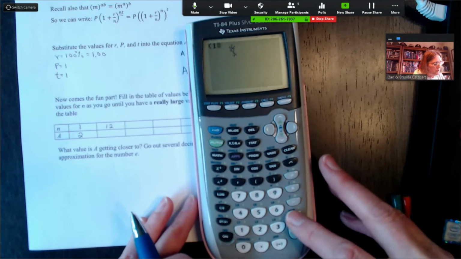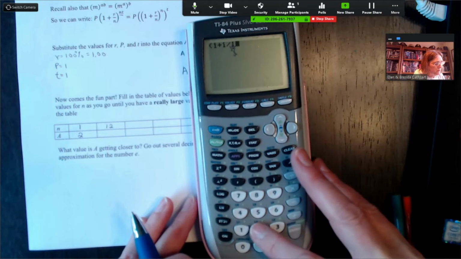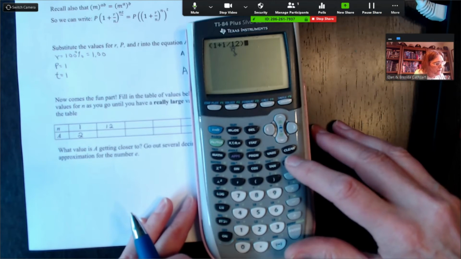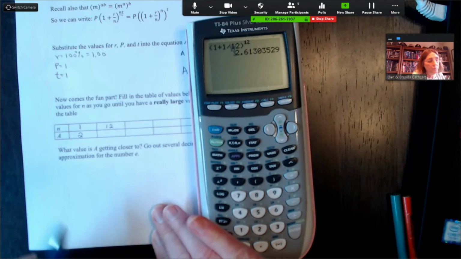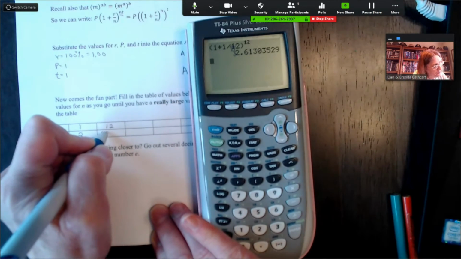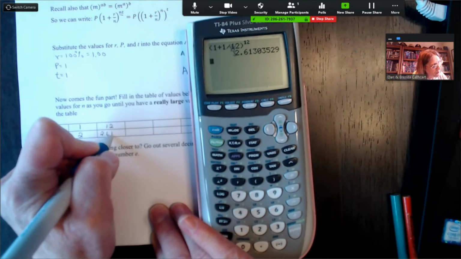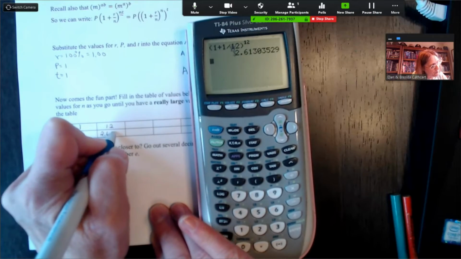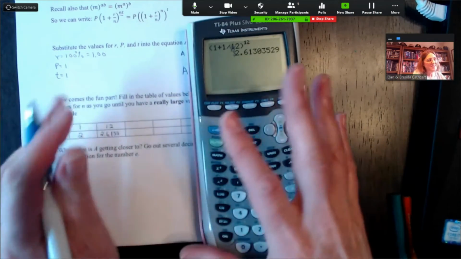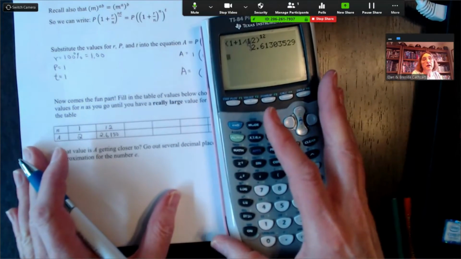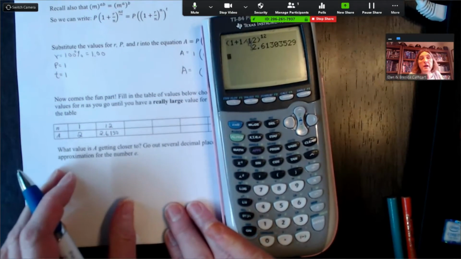It would be 1 plus 1 divided by 12, all raised to the power of 12, and we get 2.61. We'll put a few more decimals out there. But that's really still not a very large number for n. What happens if I do it every day?